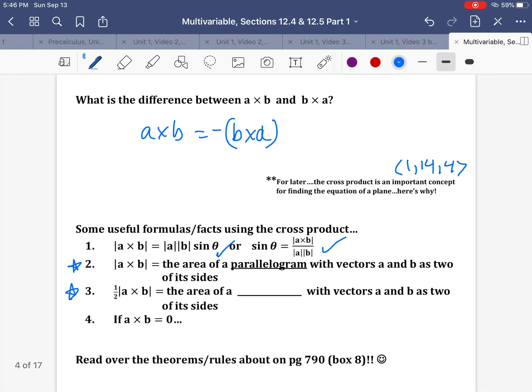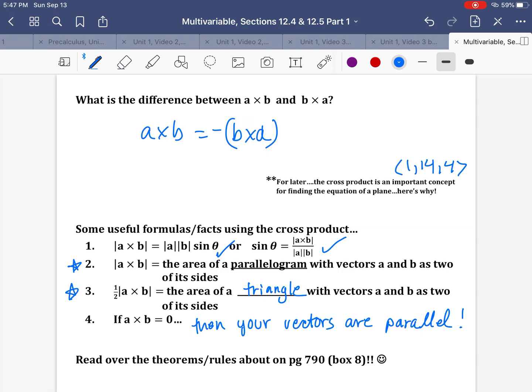Okay, so that's what this number 3 is. One half the magnitude of A cross B is the area of a triangle with A and B as two of its sides. And if your cross product comes out to 0, guess what that means? Then your vectors are parallel.